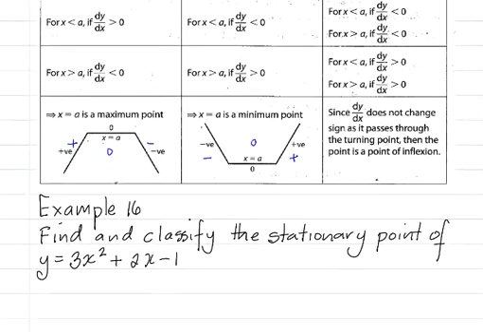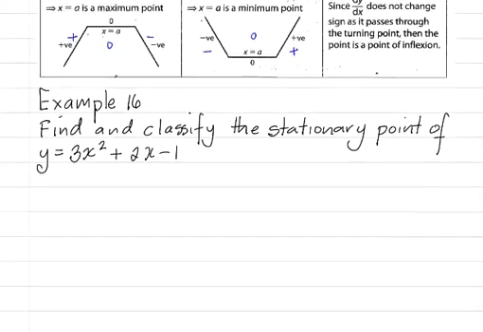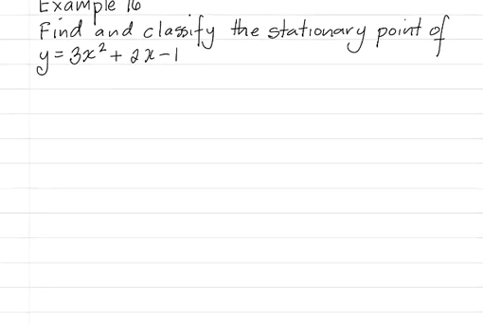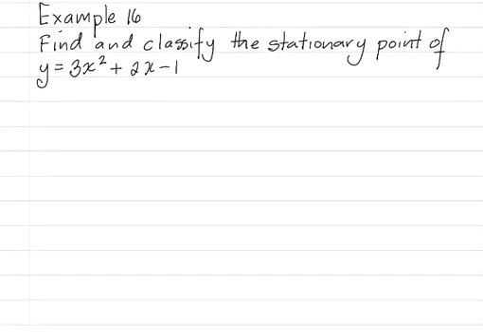Let's have a look at example 16. Example 16 says, find and classify the stationary points of y equals 3x squared plus 2x minus 1. All right, this is a quadratic expression.